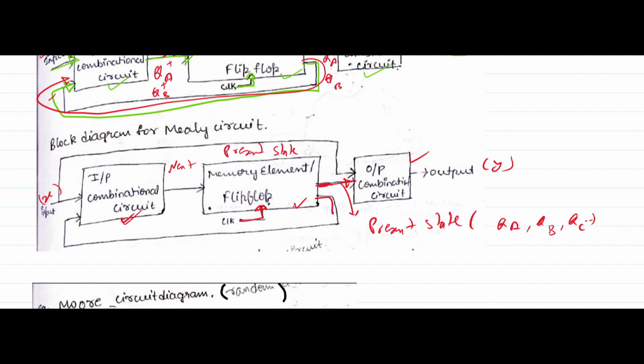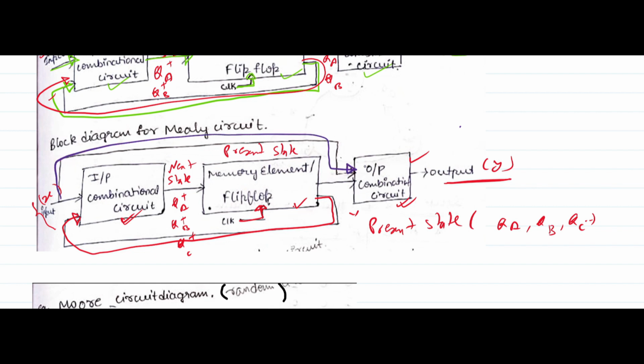This present state goes back to the input combinational circuit, and from input x and the present state we generate the next state, like QA plus, QB plus, QC plus. Then the output from the output combinational circuit depends on the present input x as well as the present state. That's why we call this a Mealy state machine, because the output depends on input as well as state.